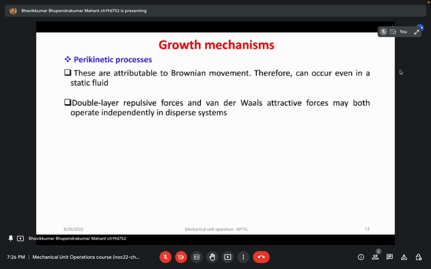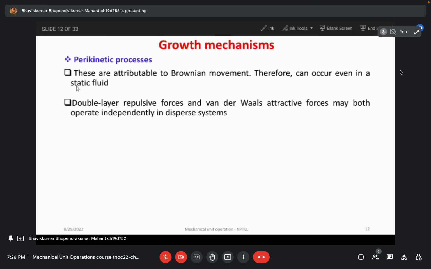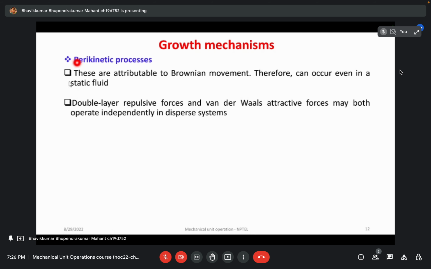The perikinetic process is attributable only to the Brownian motion of the particles. When our material is in a static condition, not moving, there is still some Brownian motion going on.